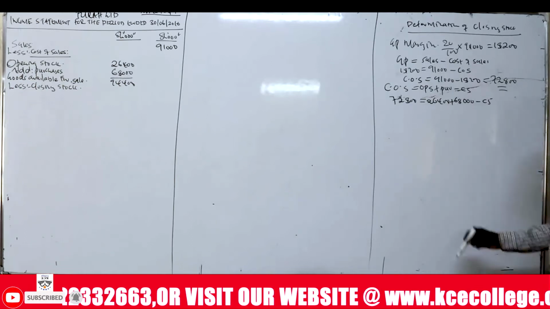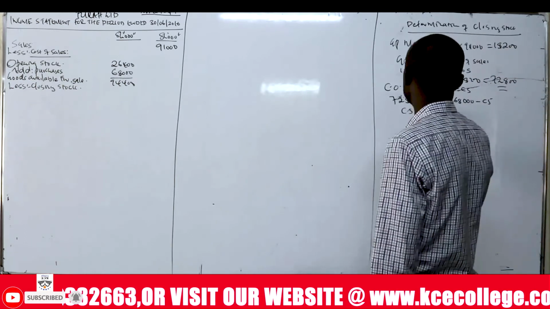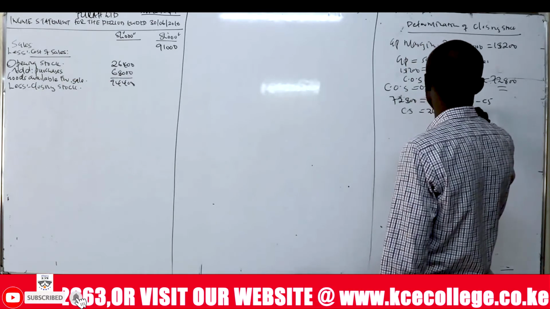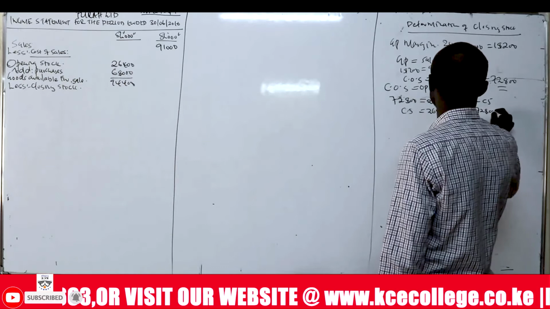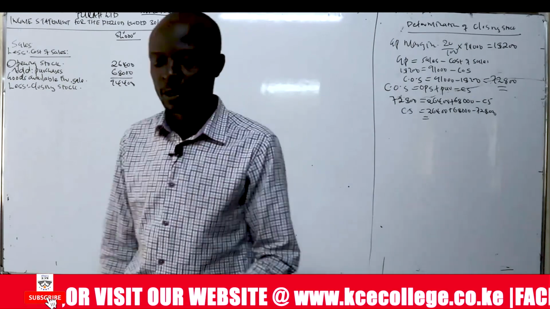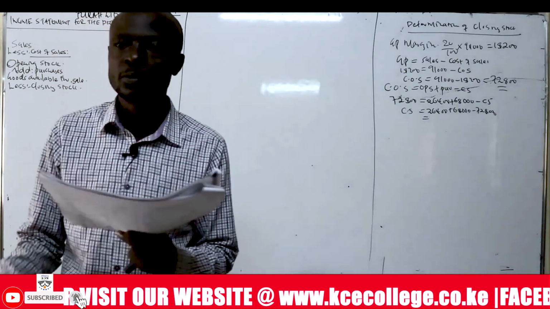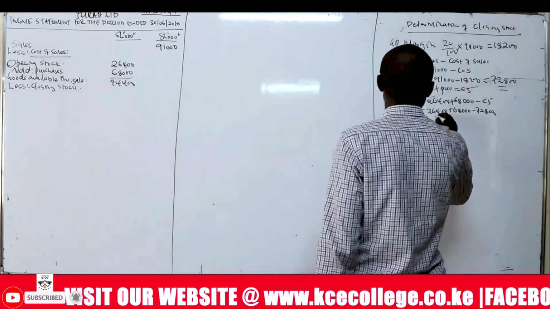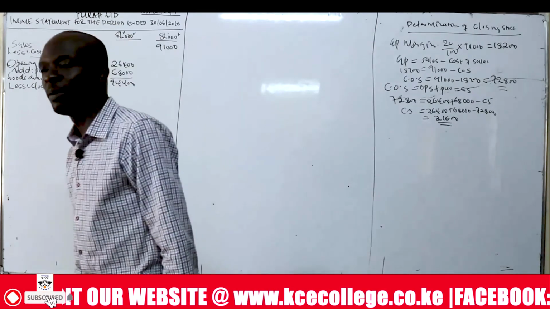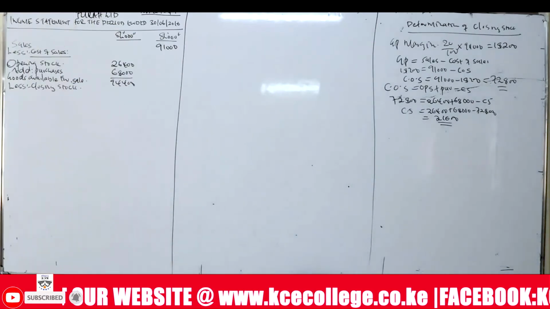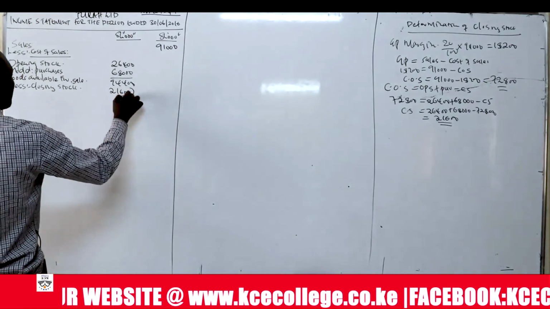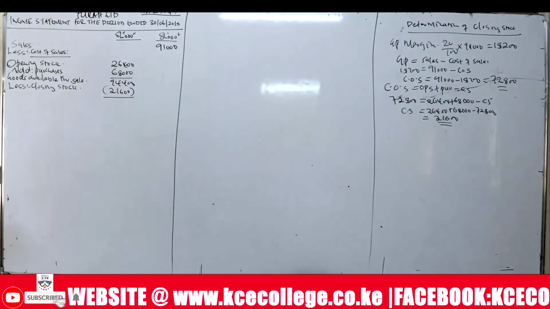So closing stock is going to be 26,400 plus 68,000 minus 72,800. How much does our closing stock come to? 21,600. I don't know if we agree. Who hasn't understood? Have you understood? Okay. So our closing stock here is 21,600.